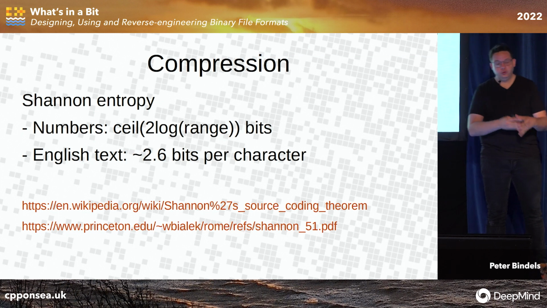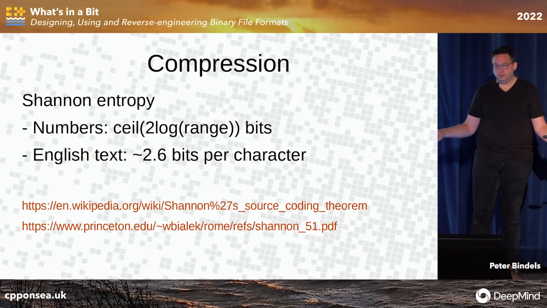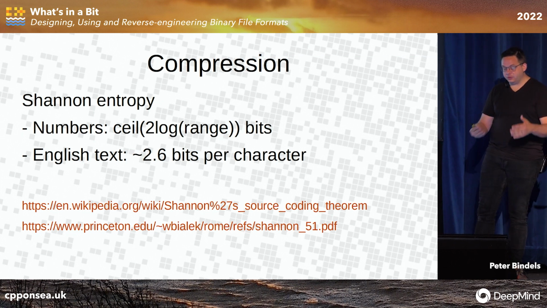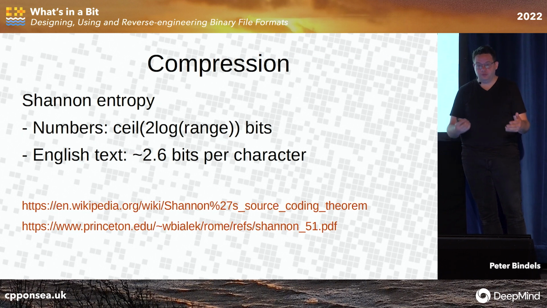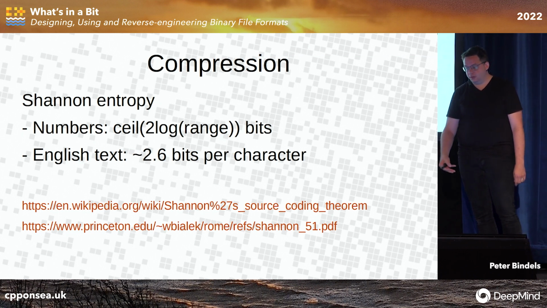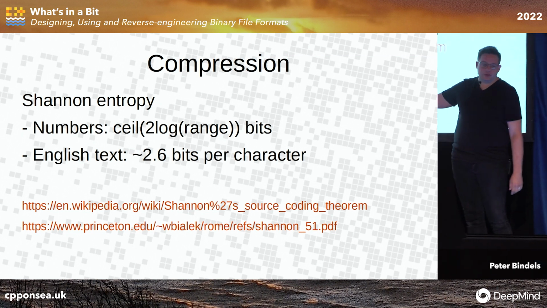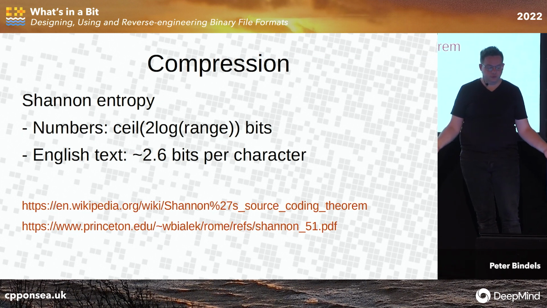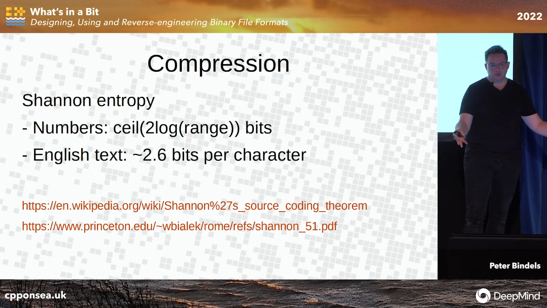Which means that you will usually use more to properly store it. But if you're trying to make it as small as possible, there's no real way to get below 2.6, because actual text has about 2.6 bits of information per character. If you have numbers, there's a mathematical formula you can use to find out how big your number space needs to be to store whatever kind of number you like.